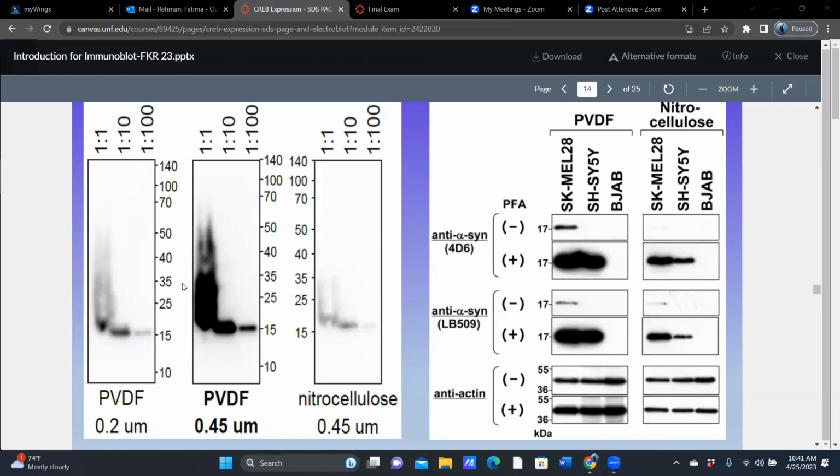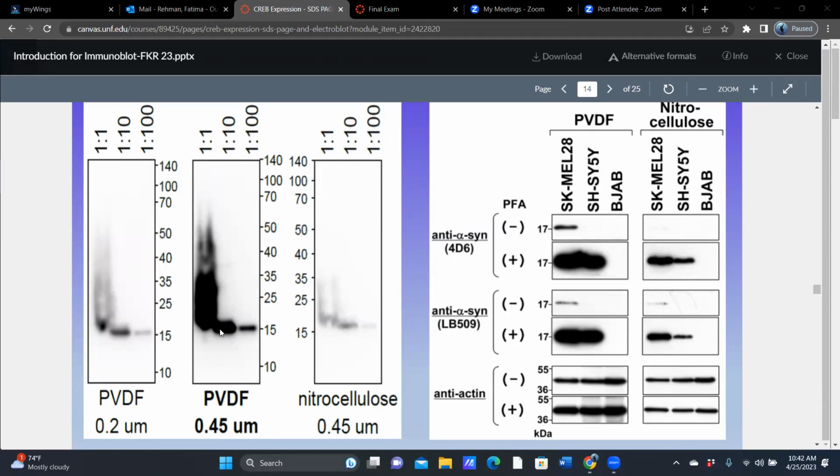But look here, this is overexposed. This is really hard to make any conclusions with because there is so much signal, right? This protein is really, really easily seen or detected using the 0.45 micrometer pore size PVDF.